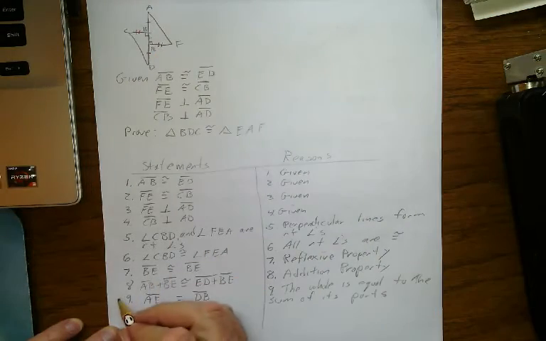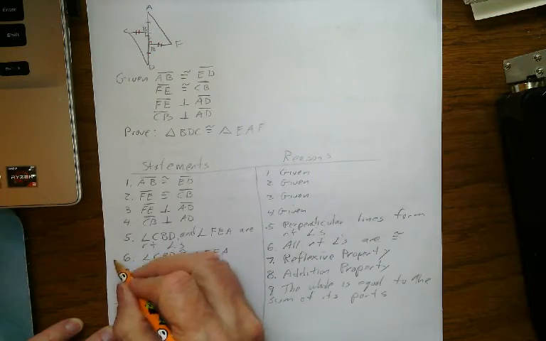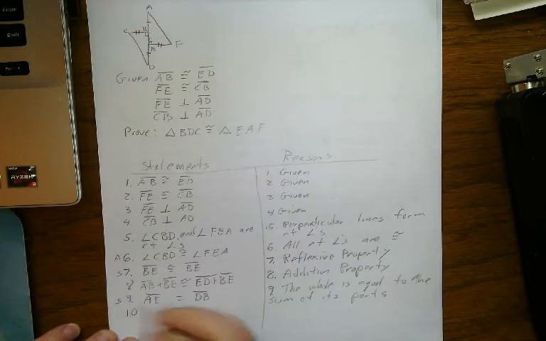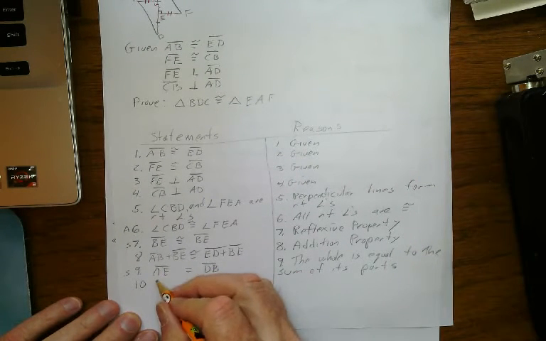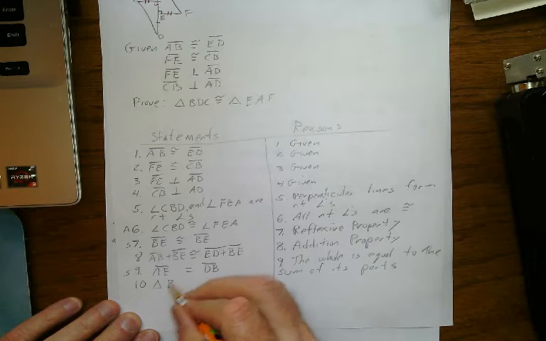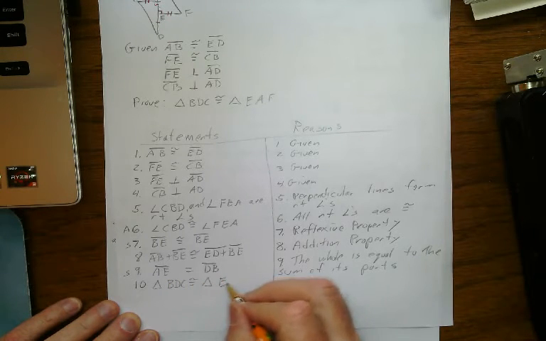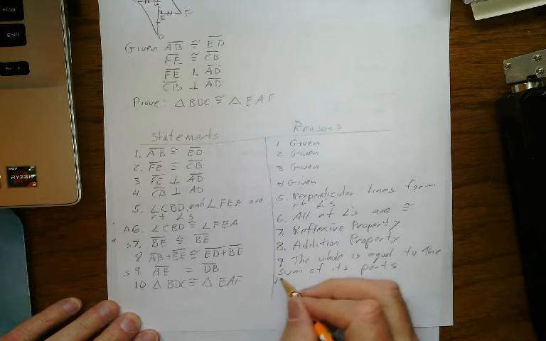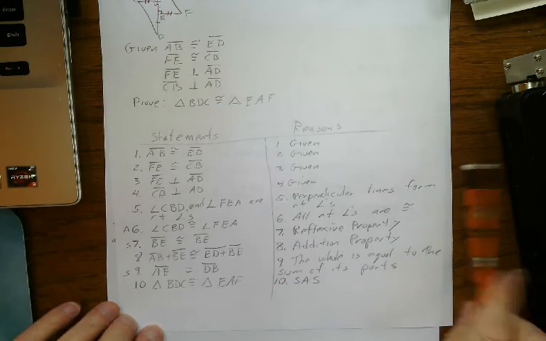So if you look at what we have, there's a side, and there's an angle. So we actually can finish this proof now and say that triangle BDC is congruent to triangle EAF, and the reason for this one is going to be side angle side.